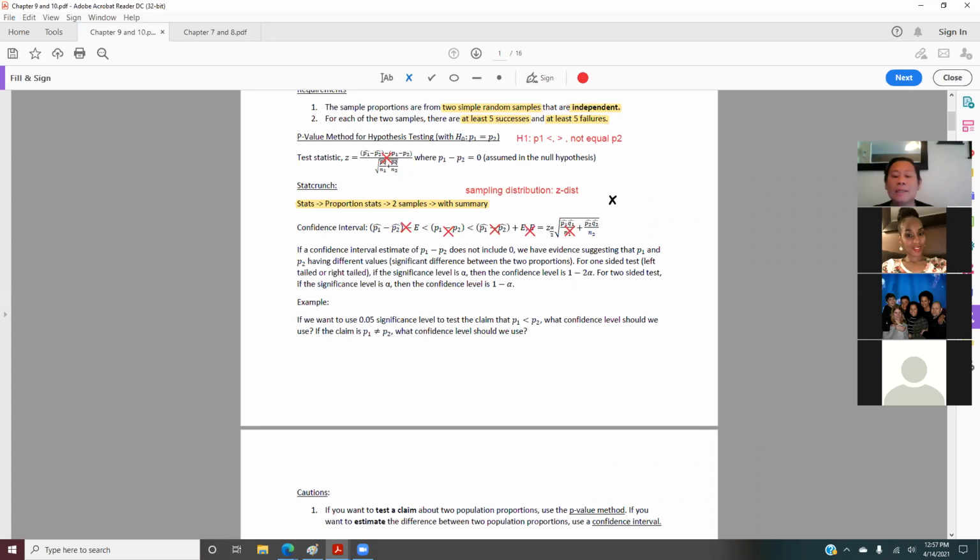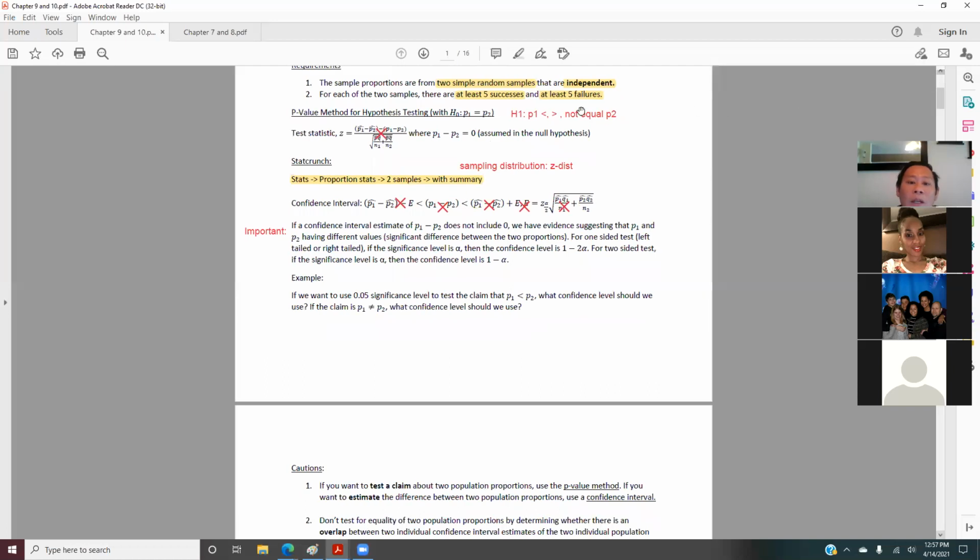This is the important stuff in this class, right here. If you write this on your cheat sheet for your final, remember you're allowed to have one little cheat sheet. This is the one I would recommend. What we are doing with a confidence interval is seeing whether it includes 0 or not.